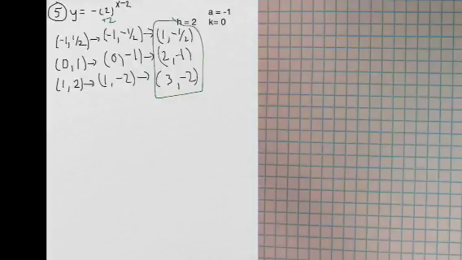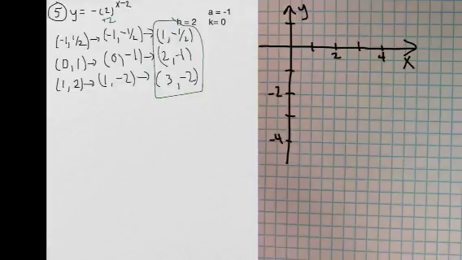Those 3 points. Okay, let's go ahead and draw the x and y axis. Because we have points that are positive and negative, we see more of quadrant 4. First thing we draw is the horizontal asymptote. Since k is 0, it's y equals 0, so it's going to be right over the x-axis.